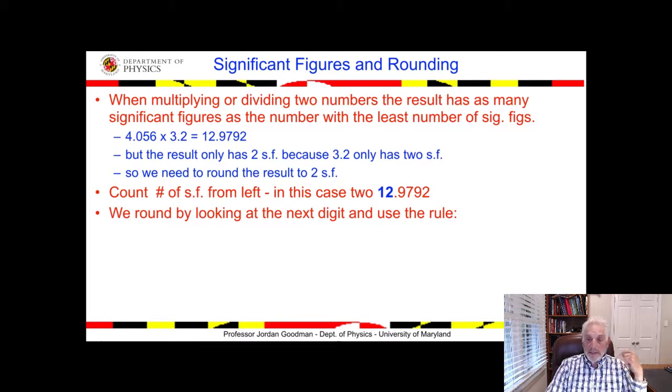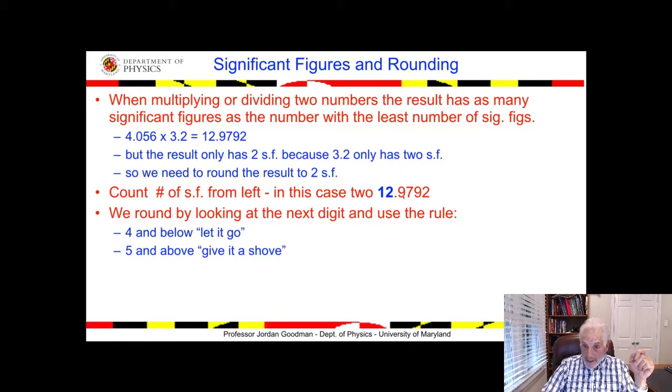So we look at the next digit and we use the following little mnemonic. It sounds silly, but you can remember it. 4 and below, we let it go. 5 and above, we give it a shove. So in this case, our next digit is the number 9, which is above 5. So we use this to round 12.9 to 13, and 13 is our answer.